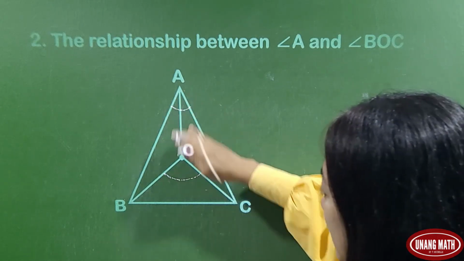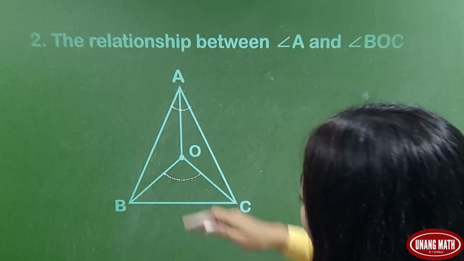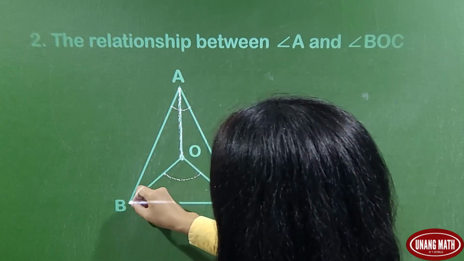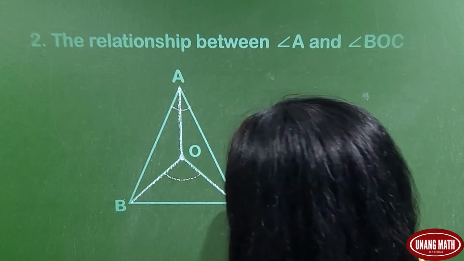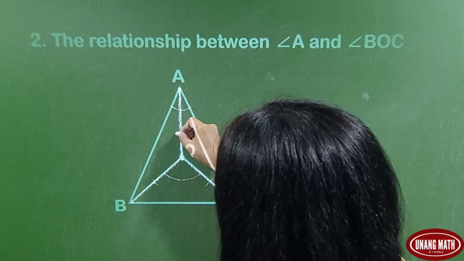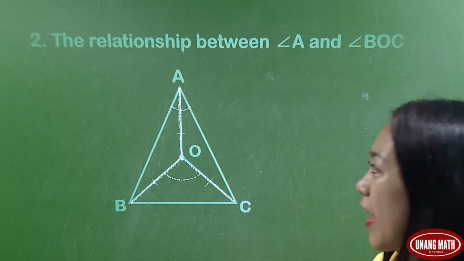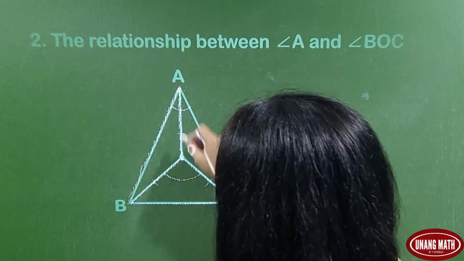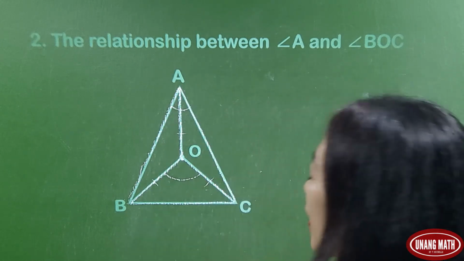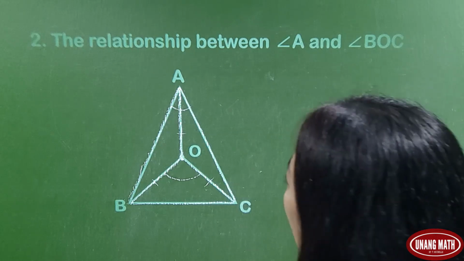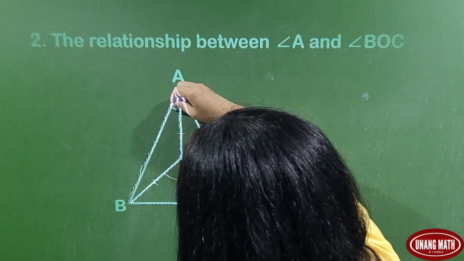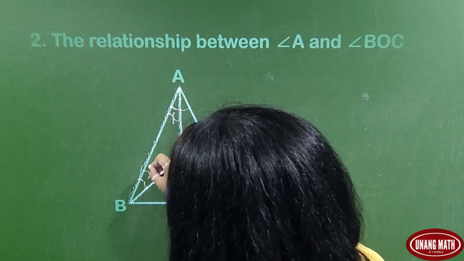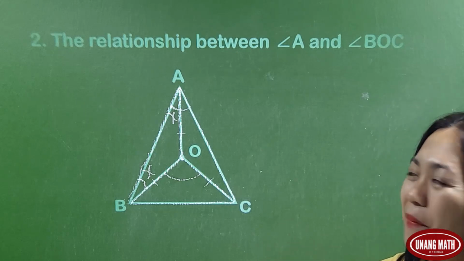Before I say the relationship, again, from here to here, here to here, and here to here, these three segments are equal in length. So we have here an isosceles triangle, and another isosceles triangle. Now, if this is angle X, then this is also angle X.